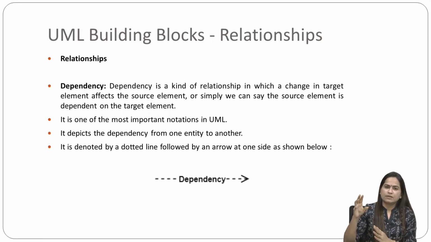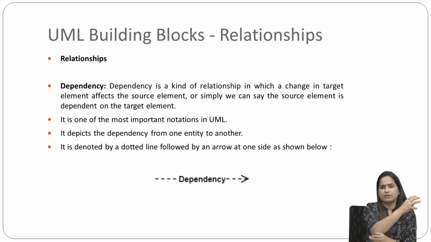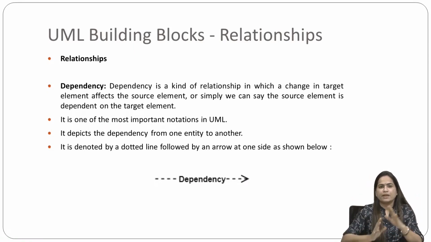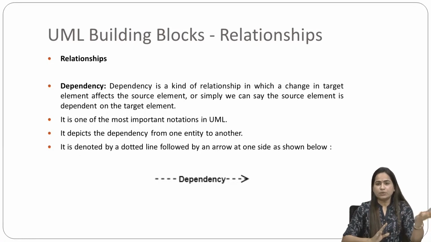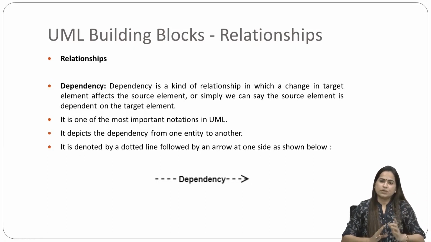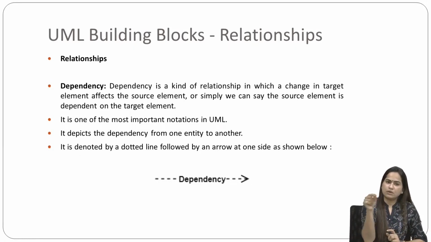It means that if we have changes in the target element, then it will affect the source element. Source is dependent on target. It is one of the most important notations in UML. It depicts the dependency from one entity to another. It is denoted by a simple dotted line which has a one-sided arrow.